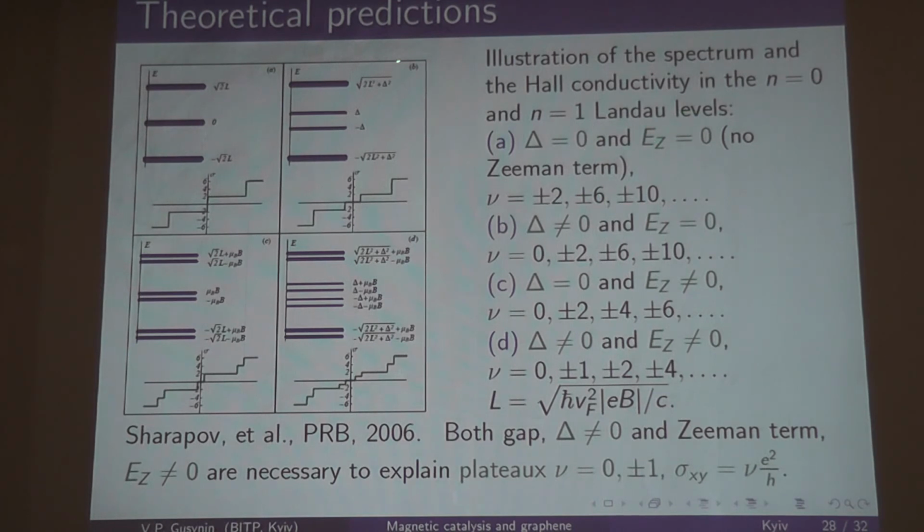Now, if we have gaps, then the lowest, zeroth Landau level is split, and the corresponding numbers now contain 0.